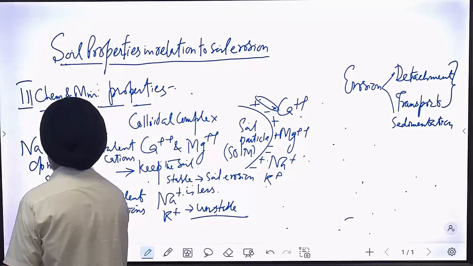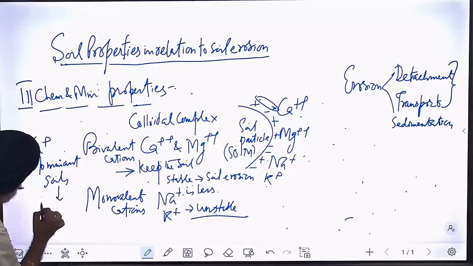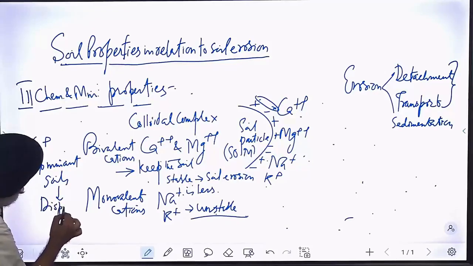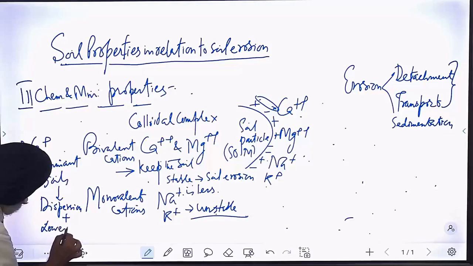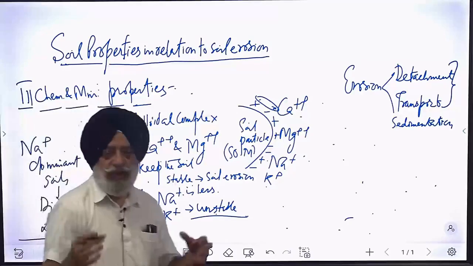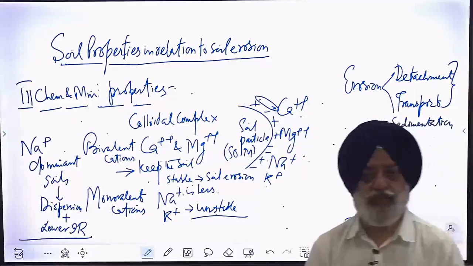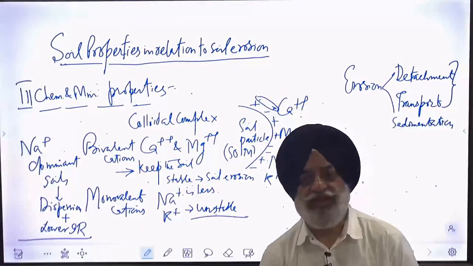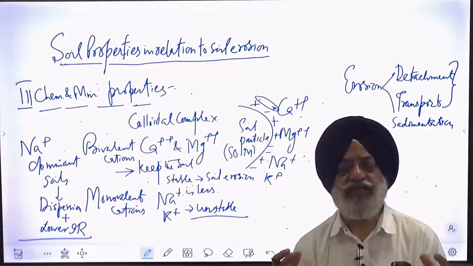And at the same time, sodium dominant soils lead to dispersion plus a lower infiltration rate. Because the soil gets dispersed due to the presence of more sodium, the zeta potential increases and the soil disperses, so it can be easily broken down.